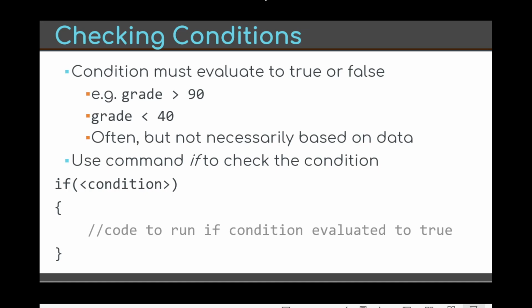If grade is below 90, that statement is false. It will be evaluated as false. Same as grade greater than 40. So these conditions are often, but not necessarily, based on data.